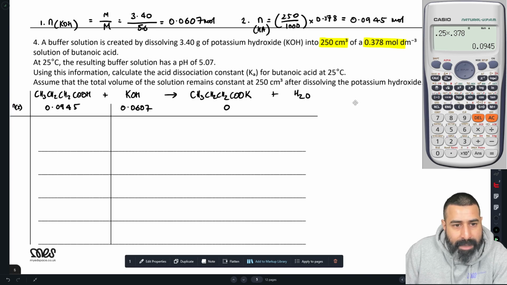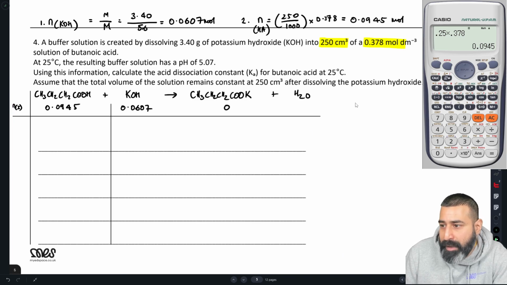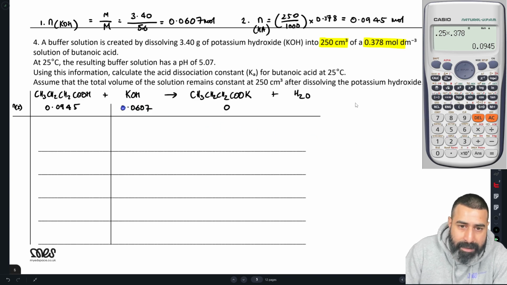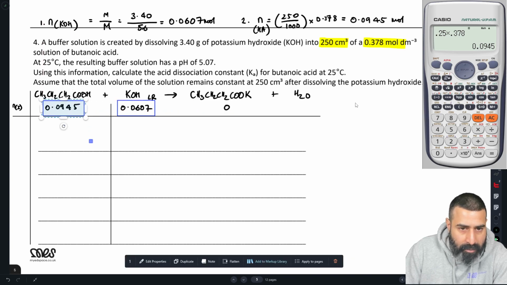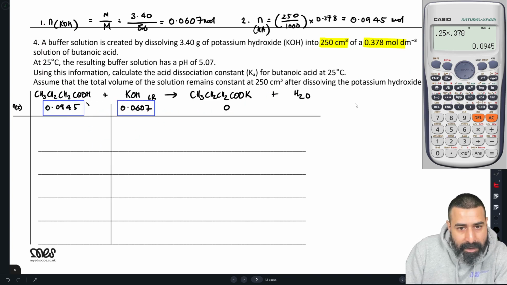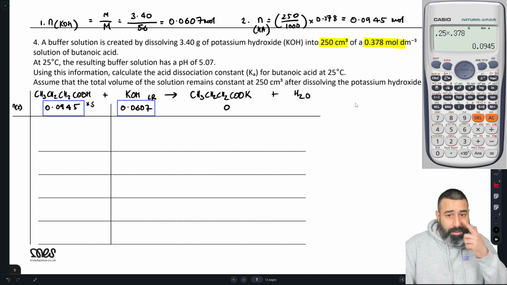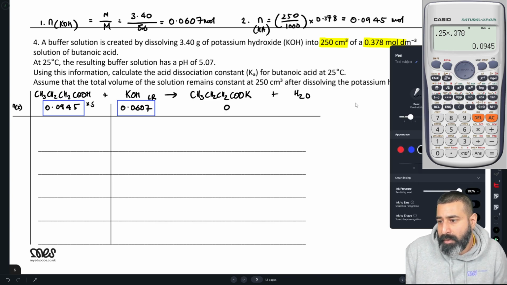Now, when these react, before we figure that out, let's work out what's the limiting reactant. Let's work out what's in excess. So my KOH is limiting because it's a 1-to-1 and there are fewer moles of it. If that's my limiting, then my butanoic acid is clearly in excess. So let's just label these guys, okay? So how does that help us?